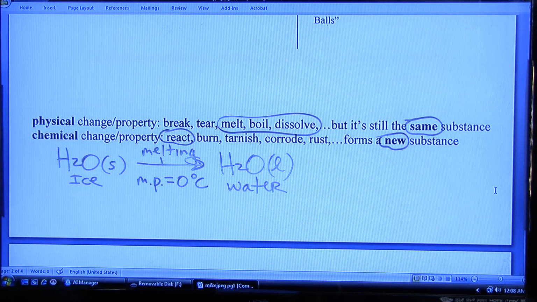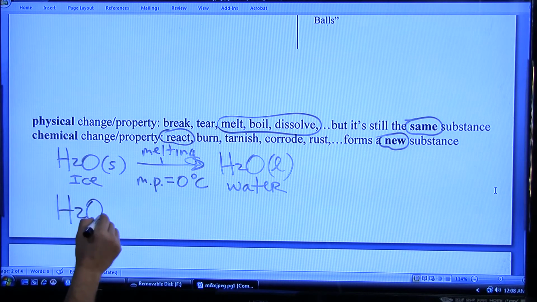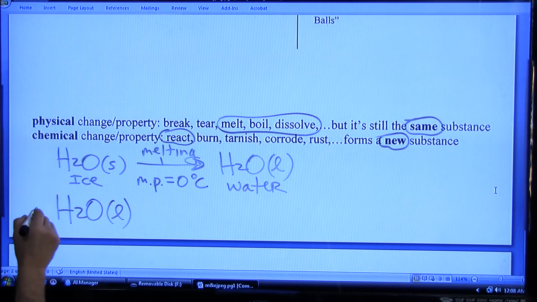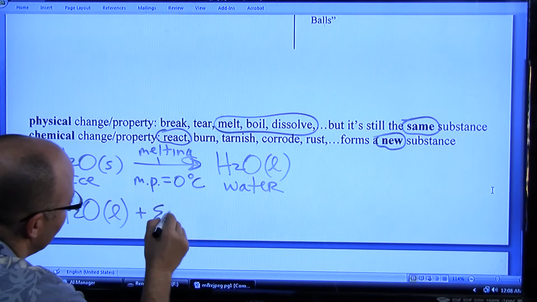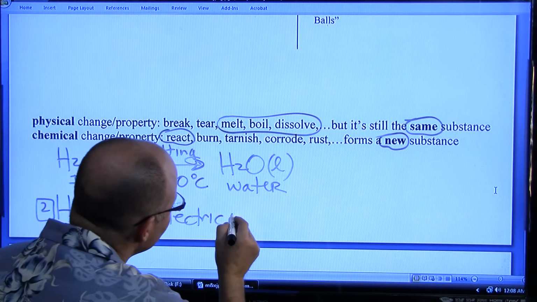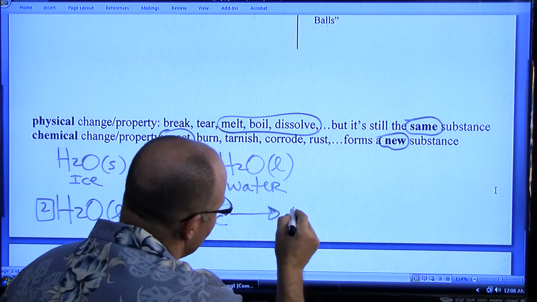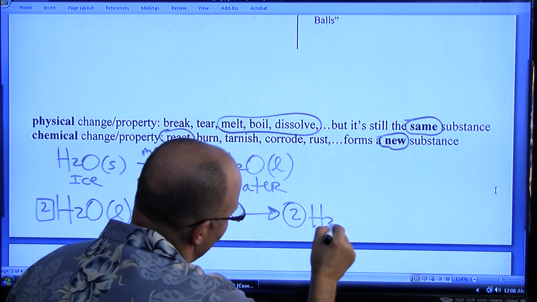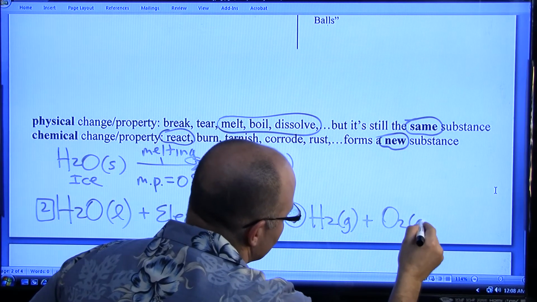So let's have water undergo a chemical change. Let's take H2O as a liquid, 2 parts water, and add some electricity to it. And that breaks down then, as a result, into 2 parts hydrogen, which is a gas, and oxygen, which is a gas.